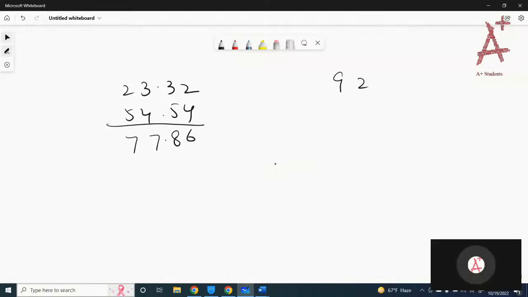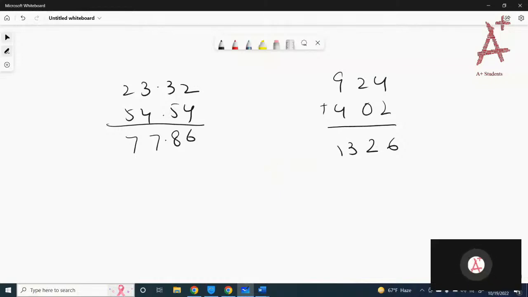Okay, the next one is $924 plus $402. So you have to start adding from always the ones digits. So 4 plus 2 is 6. Then add the tens. 2 plus 0 is 2, and 9 plus 4 is 13.